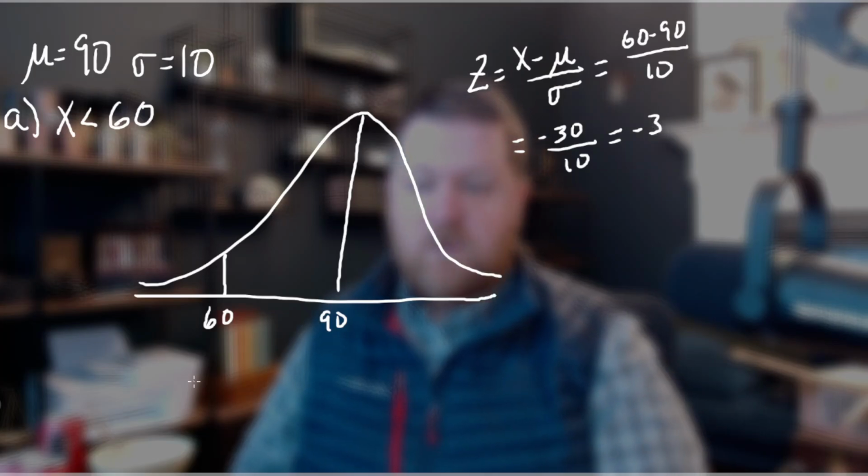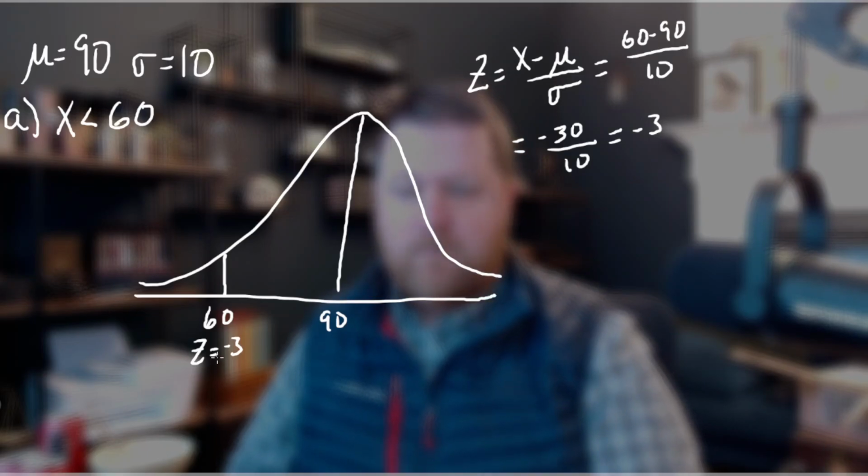So our z-score is negative 3. That is 3 standard deviations below the mean.